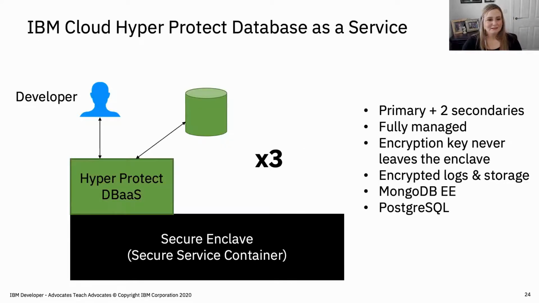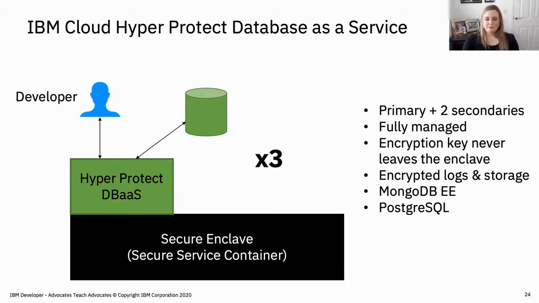All right. So looking a little bit forward to the session tomorrow with Sandeep, but before we get to that, we're going to talk a bit more about the other Hyper Protect offerings and how they can be used. So this is looking at the database as a service. Once again, you're going to have the databases running inside the secure enclave through those thicker walled containers backed by RunQ.